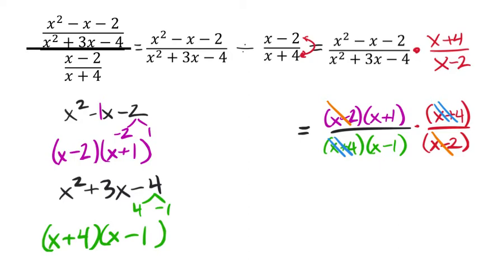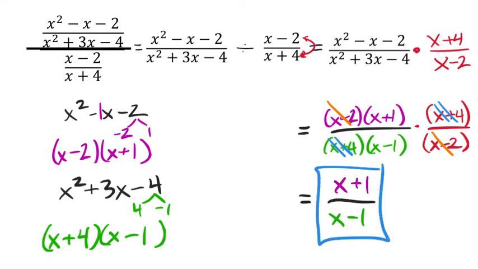Now be careful because some students like x plus 1, x minus 1, they match. It's close. It's just they're not exactly the same. They need to be exactly the same. So this one is going to end up being simplified as x plus 1, try to keep the colors the same, over x minus 1. Now you can put parentheses around those if you'd like, but I think it's pretty the way it is, so I'm going to keep it that way.